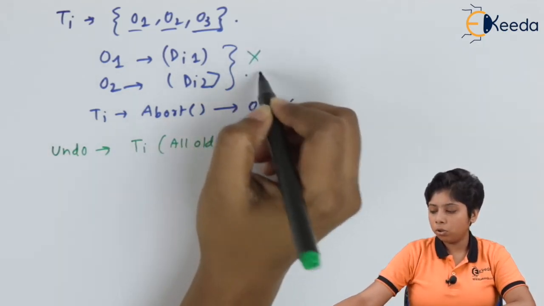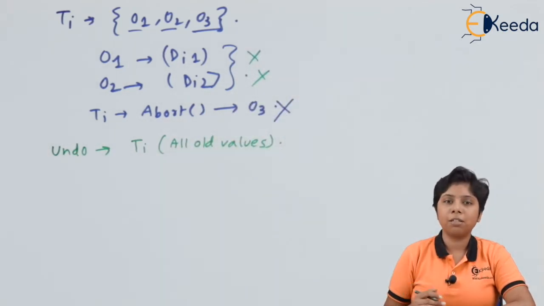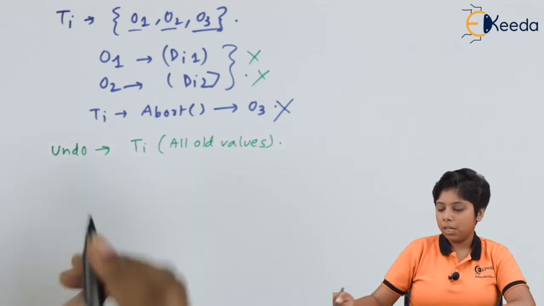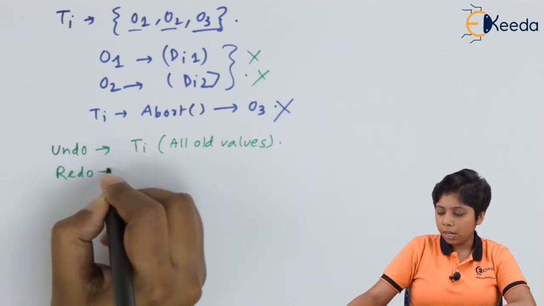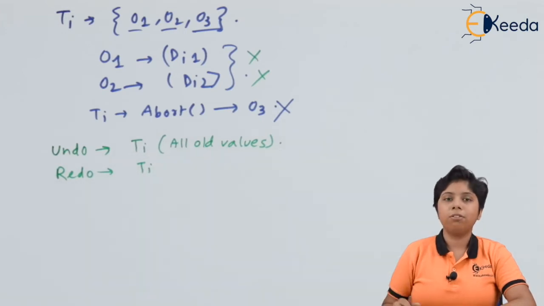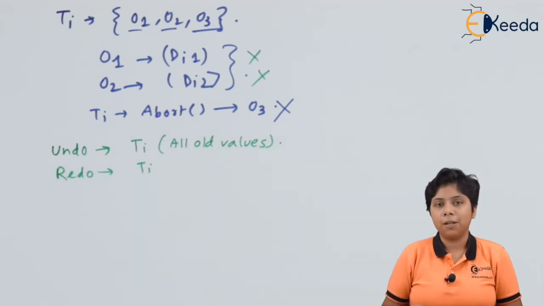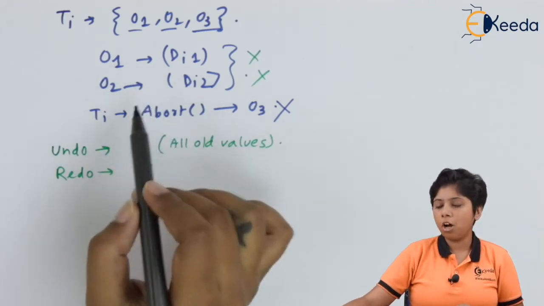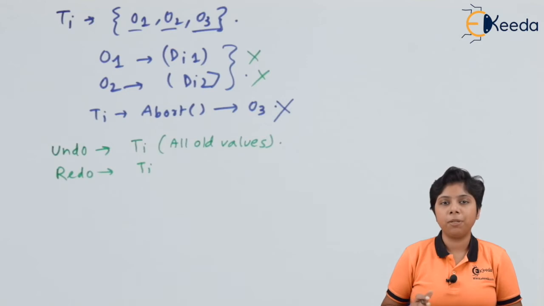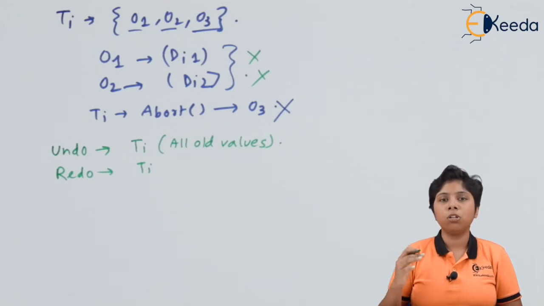So O1 and O2 have lost their database modification if we undo that particular transaction. Now with the redo, we can have all the new values that have been modified in the database. That means in some cases we may need some of the operations that have been partially committed, and we do not need to roll back the transaction to the start, because O1 and O2 will not have any effect on O3.